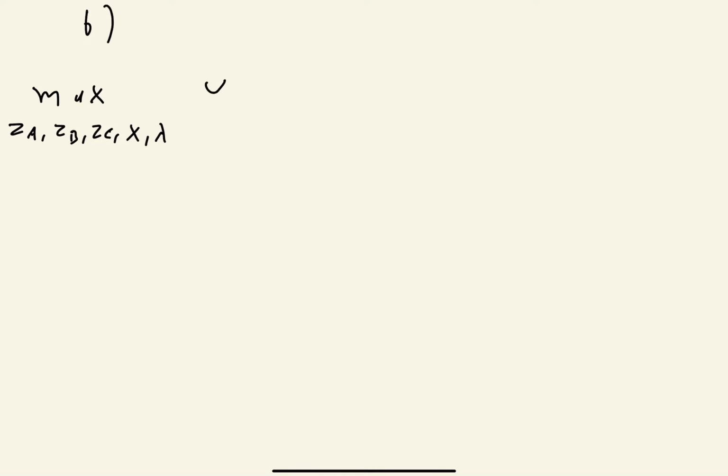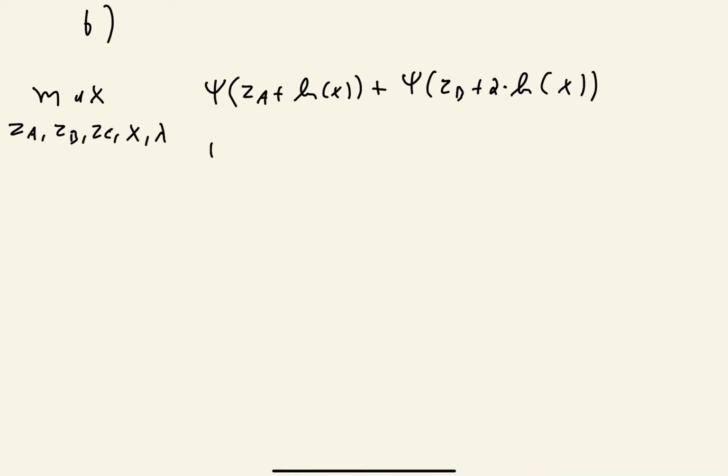It's maximizing the social welfare function evaluated at the utility level of individual A, plus the same thing for B. I'm just copying the utility functions of the individuals here, plus the same thing for individual C. So it's 5 times ln of x here.